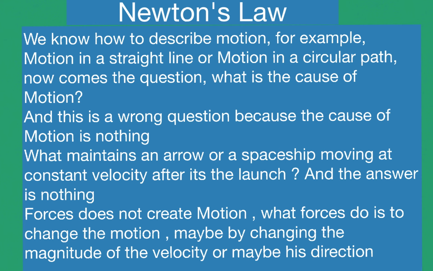The answer to those questions is nothing. It maintains its constant velocity if nothing happens. And this will be the first Newton's law that we will study. So forces don't create motion. What a force does is change the direction of the velocity or the magnitude of the velocity.